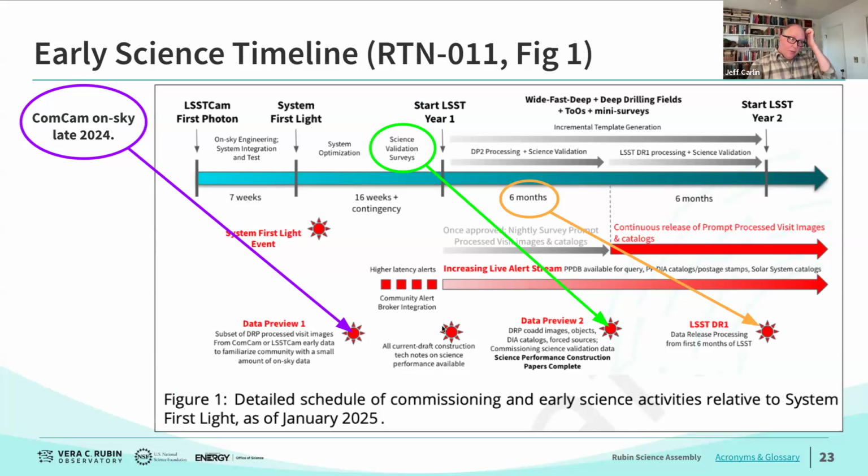So it will certainly not be immediately when we start operations, but we're aiming for shortly thereafter. So I won't give you a definite time, but it should be not too far off.